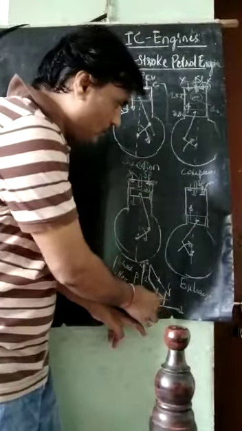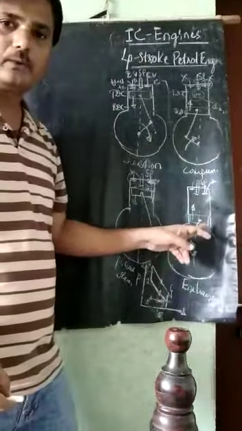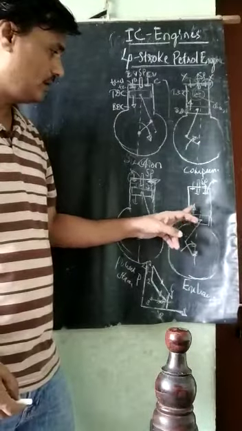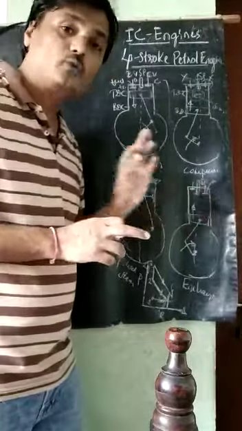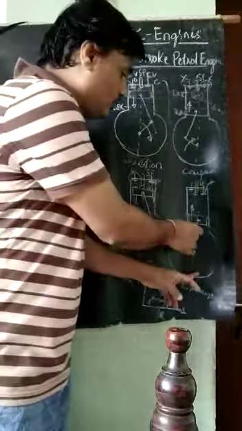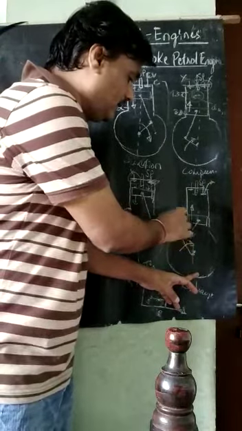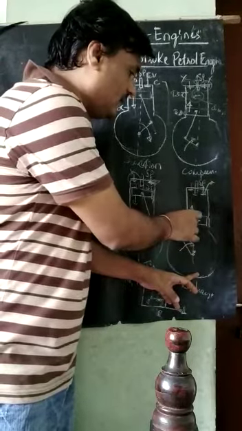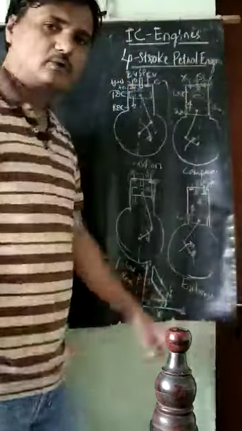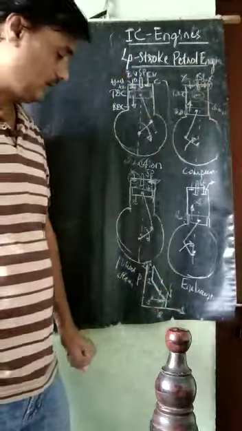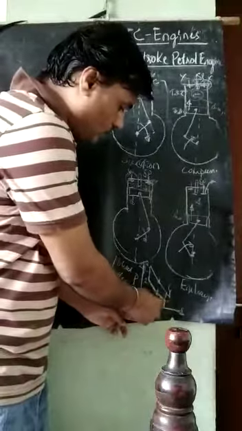Then 1 to 5 is the exhaust stroke. In this exhaust stroke, the inlet valve is closed and the exhaust valve is open. When the piston is moving from the bottom dead center BDC to the TDC, the waste exhaust gas goes out through the exhaust valve. That is the cycle.